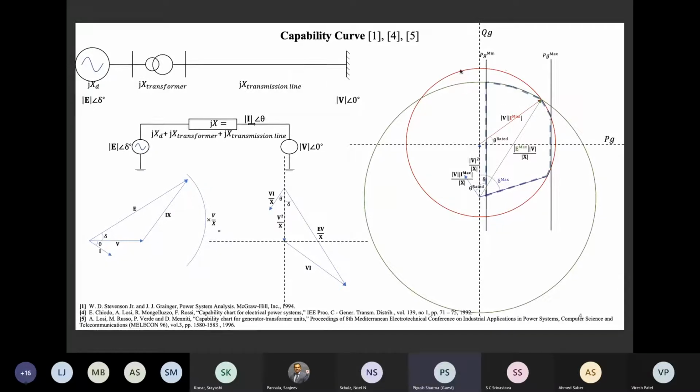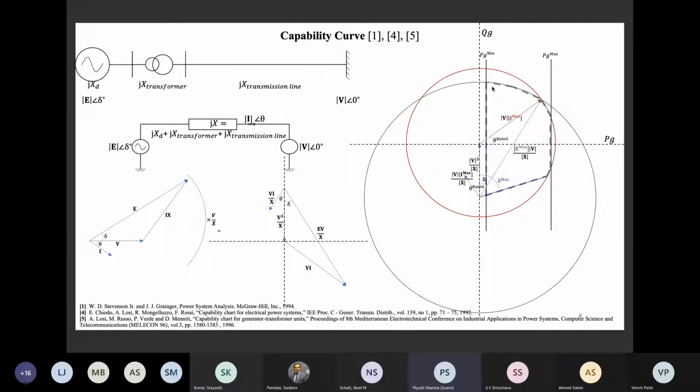Similarly, the red circle, the loci of this point, for a maximum value of armature current, represents the armature limit of the synchronous machine. Similarly, PG max represents the turbine limit, and PG minimum represents the boiler limit. So the area which is enclosed by these limits, which is shown by this dotted curve, forms the capability curve of a synchronous machine.